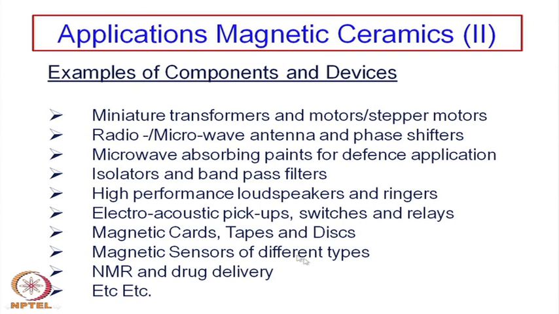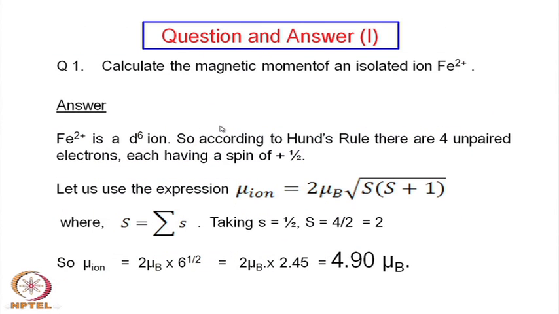So, there are many different areas where this kind of ceramic magnets are essential components of our daily life or industrial activity. So, that completes our discussion on magnetic materials.